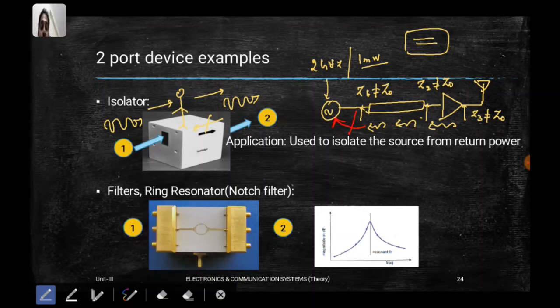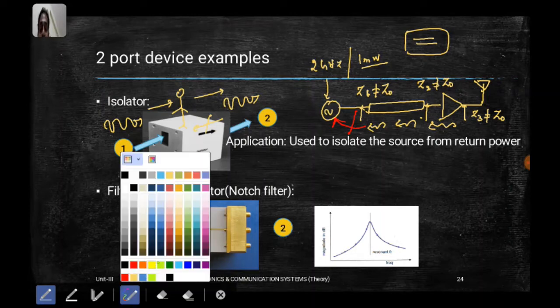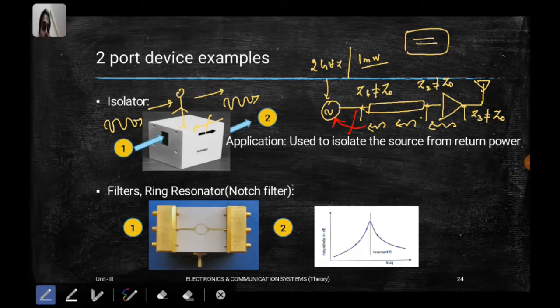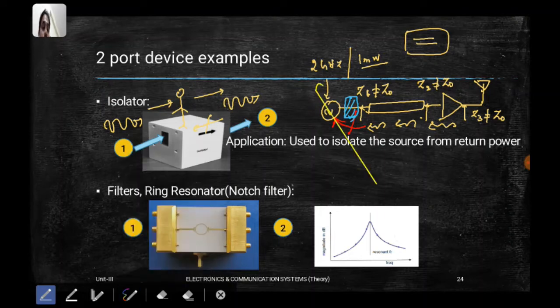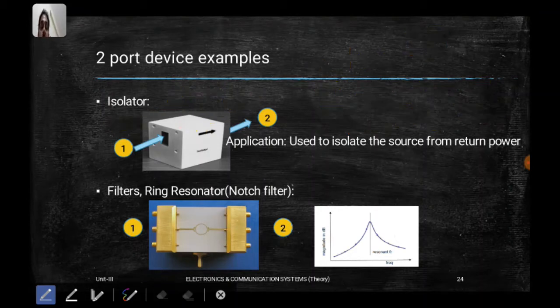So for that I will use some protection for the source, that is nothing but an isolator. This isolator will allow power only in one direction, not in the opposite direction. That is the function of the isolator.